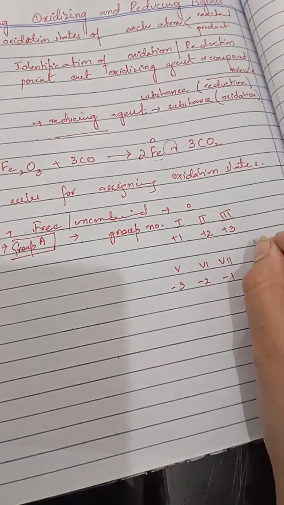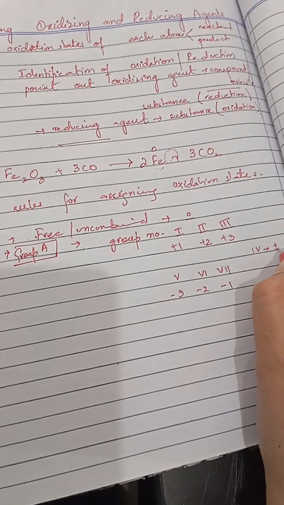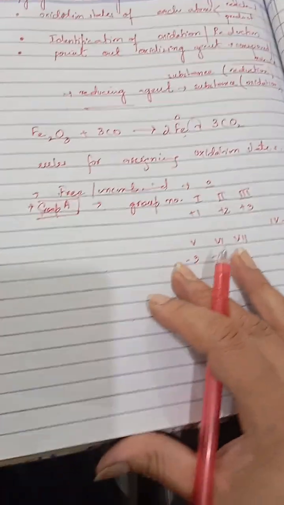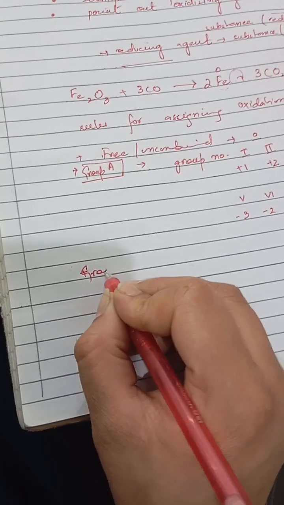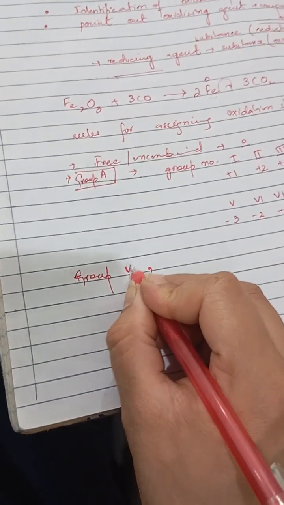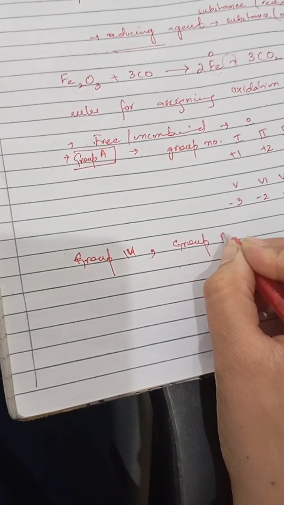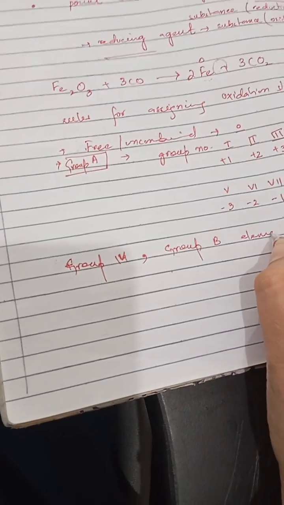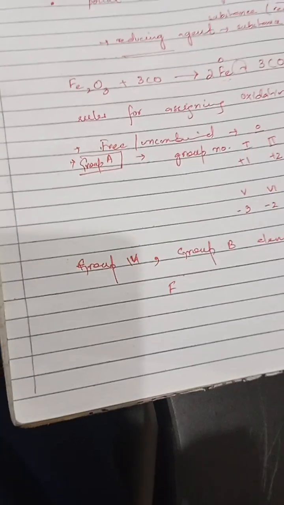For group 4, it must be calculated, and it may be +4 or -4. For group 4, as well as for all group B elements, the oxidation states are found by a formula.